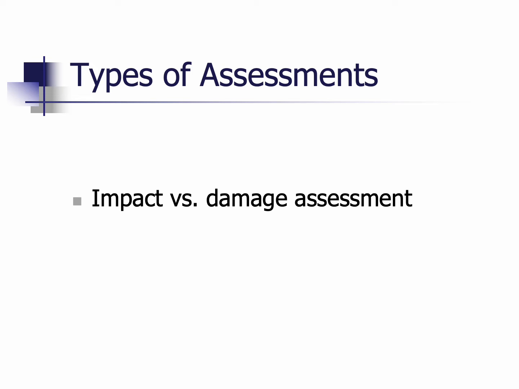The gathering of specific damage assessment numbers helps to determine if a disaster declaration is warranted and may play a role in obtaining outside financial assistance from state and federal governments. Therefore, an impact assessment helps you to identify overall priorities, while a damage assessment may be key in accessing individual and public assistance from the Federal Emergency Management Agency.